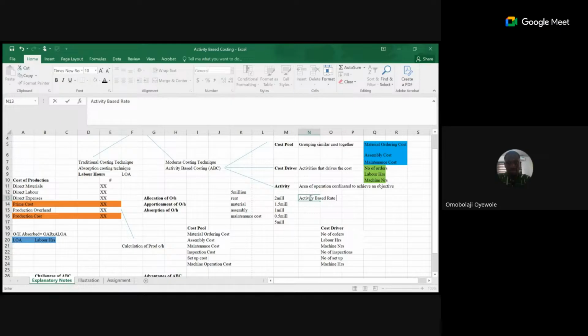Now, it is this activity-based rate that is still going to serve as your level of activity. But under activity-based costing, we call it activity-based rate. So activity-based rate is what we are going to be needing for us to be able to absorb our production overhead using activity-based costing.